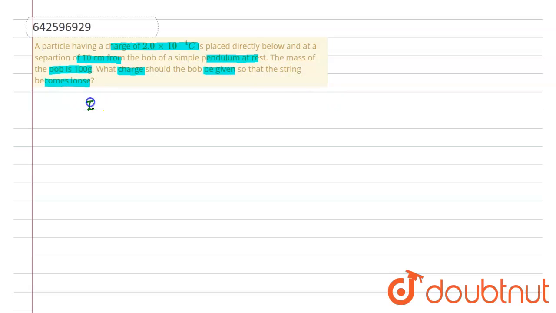So if the string becomes loose, that means the tension in the string should be equal to 0.